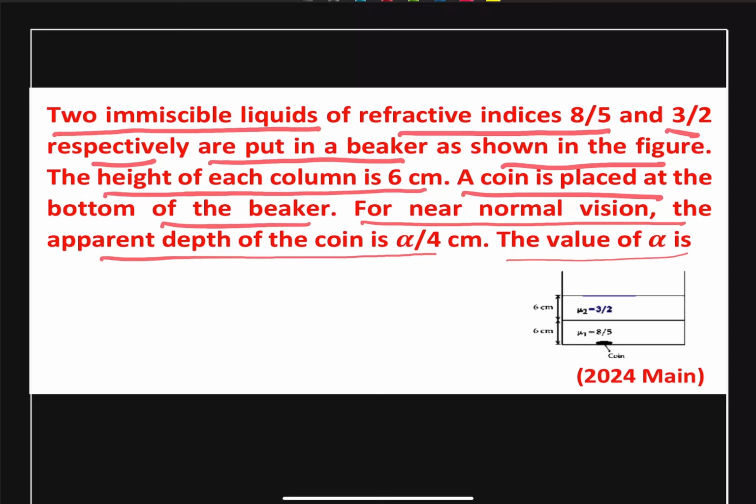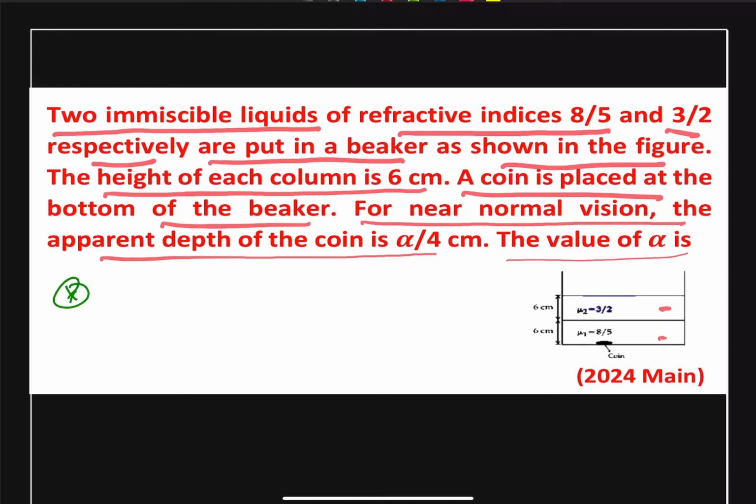So here we have two liquids, both having different refractive index, and we have to find out the apparent depth because of these two liquids. And the apparent depth of two liquids is the summation of the apparent depth because of the individual liquids. So we can just write the formula directly.